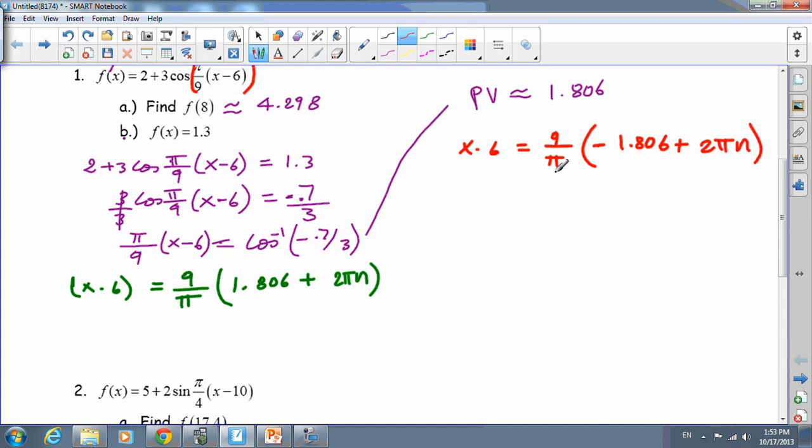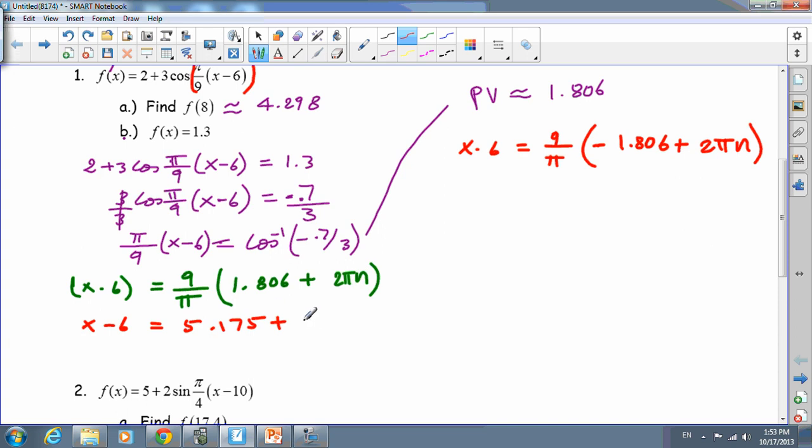If you solve this, you will distribute the 9 over pi. For pi on your calculator, use the pi button on the calculator. That will give you the value. Now, if I distribute this, I will end up with x minus 6 is equal to, using your calculator, 9 over pi times this will give you about 5.175 plus, if you multiply 2 by 9, you get 18.